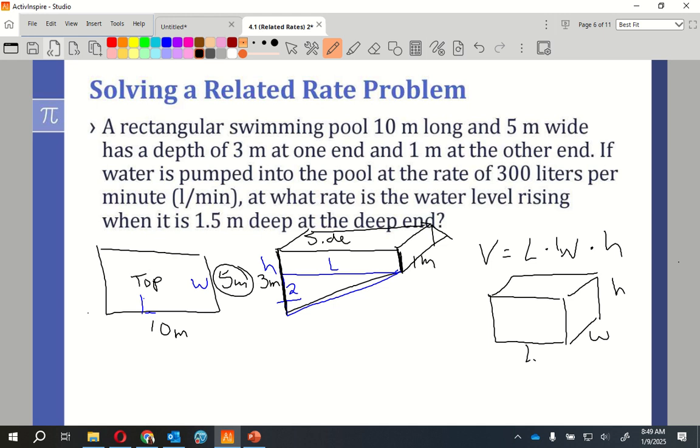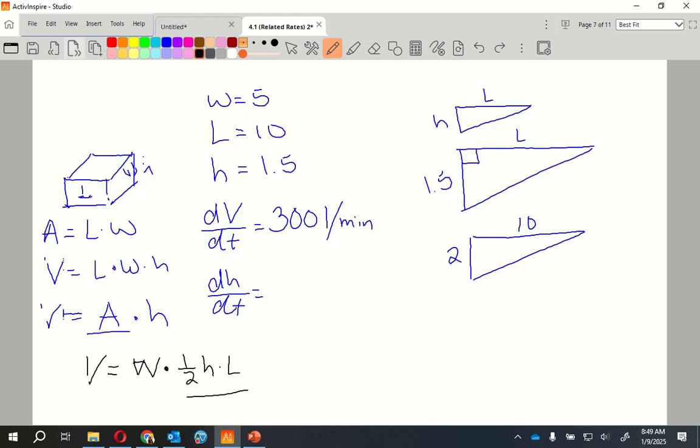All right, so there we go. So we're going to set up a proportion, and I'm going to show you in a moment why it's going to be super important. So I know that as my height changes, is my length going to change also?